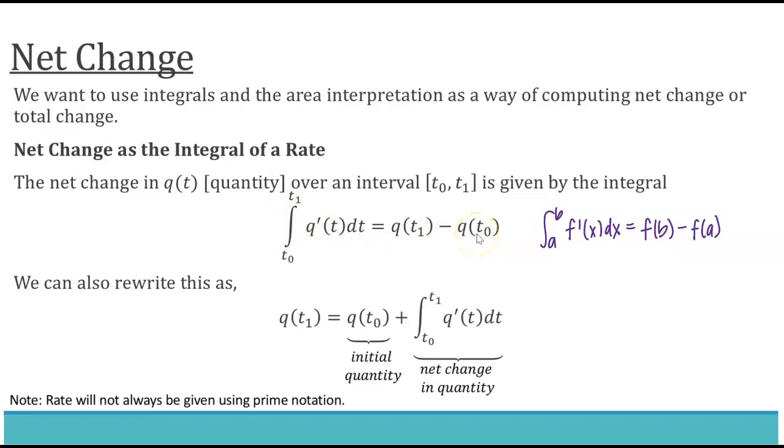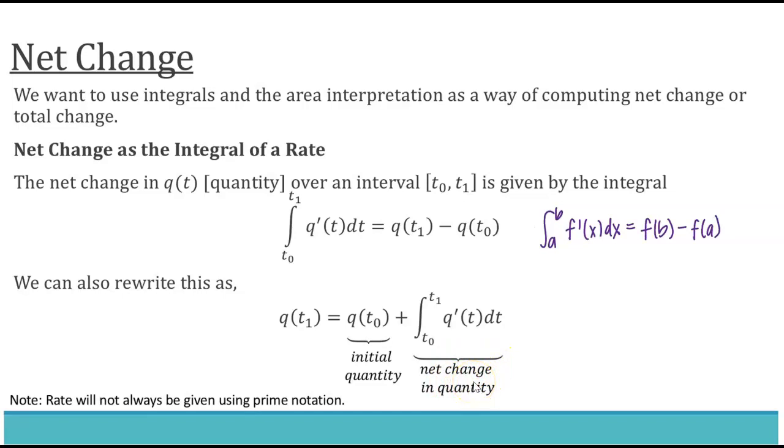And we can also rewrite this equation. We can solve it for q of t1. So if I add q of t0 to the other side, to the integral, then we have this equation which says q of t1, the quantity of something at time 1, is equal to q of t sub 0, which is the initial quantity, plus the integral from t0 to t1 of q prime of t dt, the net change in quantity.